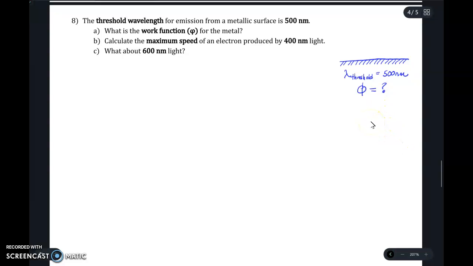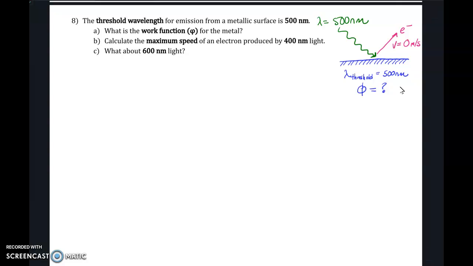Now, how we want to visualize this is that by telling us that the threshold wavelength is 500 nanometers, it's telling us that if we take light coming in and striking the surface with a wavelength of 500 nanometers, we are going to get an electron ejected, but the velocity of that electron is going to be 0 meters per second.